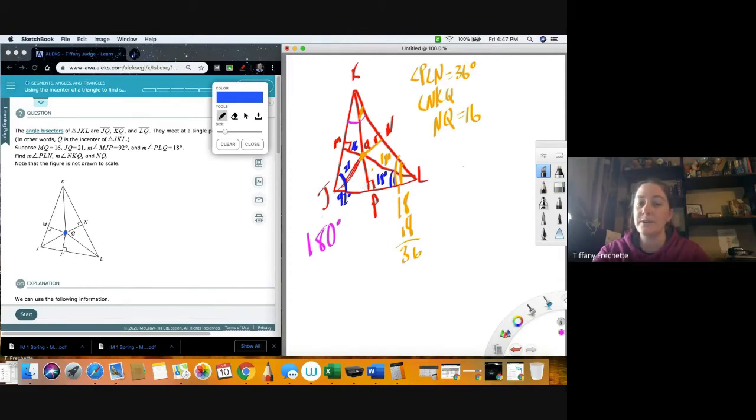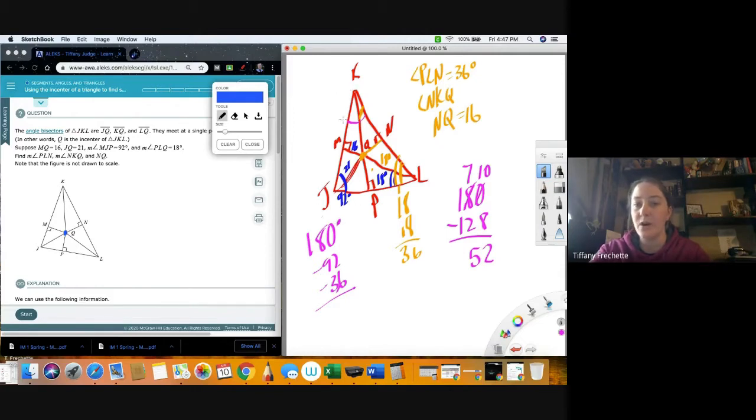So if I take the two pieces that I have, which is 92 and 36, and I subtract them, then I'll know what's left over. Most of the students prefer to combine the two and subtract once, so you end up with 92 plus 36, which is 128. So 180 minus 128, and we have 52.